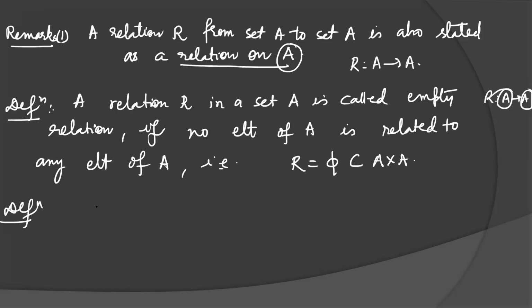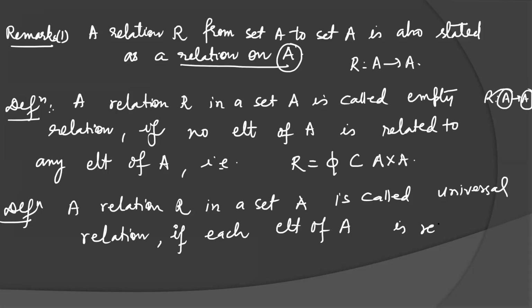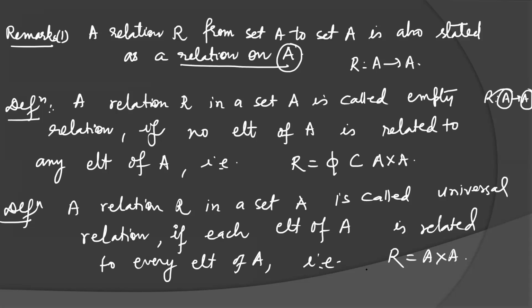One more definition I am going to add here, called the universal relation. A relation R in a set A, meaning the domain and codomain are both A here, is called a universal relation if each element of A is related to every element of A, meaning I am taking the complete Cartesian product A cross A. Then this relation is called the universal relation.